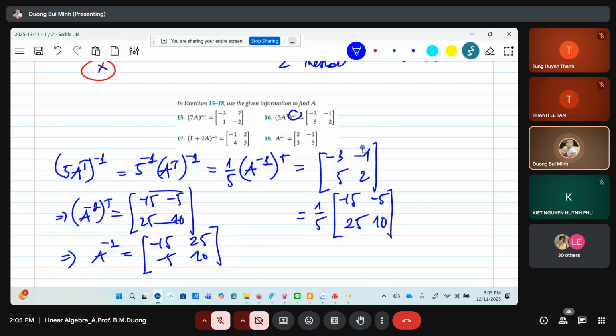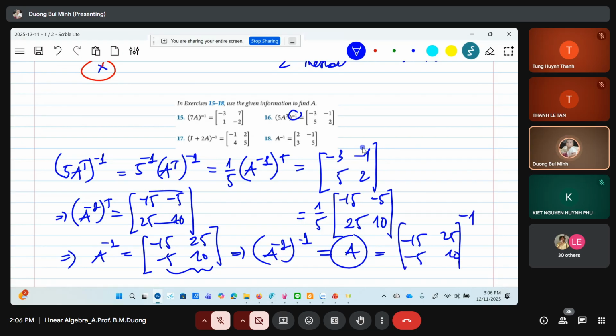So now we get inverse of A, and then you take the inverse of that, you get A. That means you can get A from minus 15, minus 5, 25, and 10 inverse.